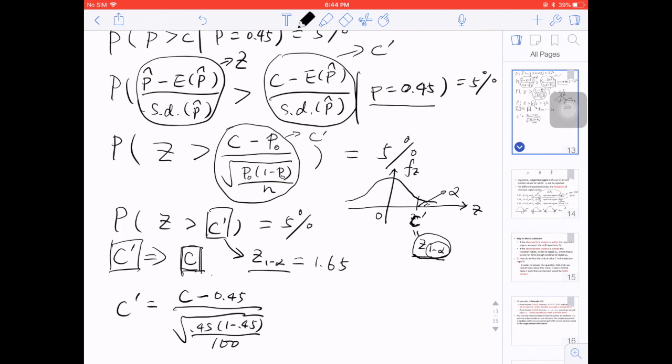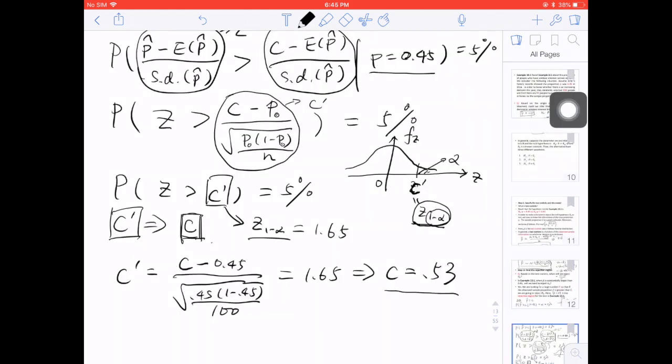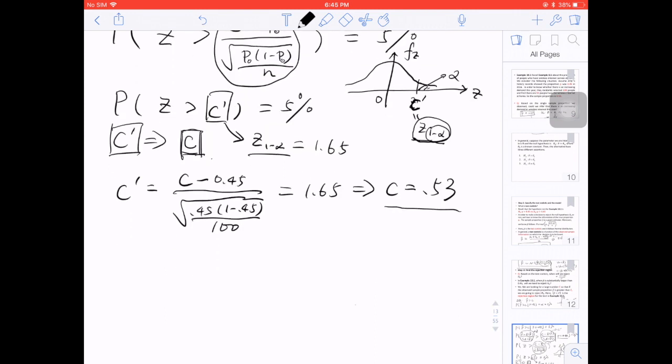This stuff is equal to 1.65. So we can calculate the corresponding value of c, and c is equal to 0.53. Then you can make your decision based on this.